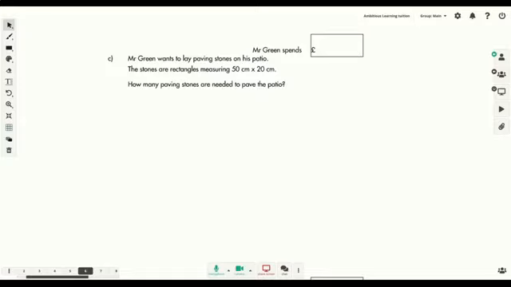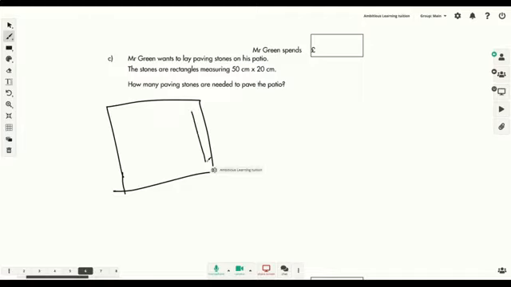So they are basically asking you how many paving stones are needed. So try making a rough diagram for yourself so that you don't get confused. So how much does he want to do? It's 15 by 16.